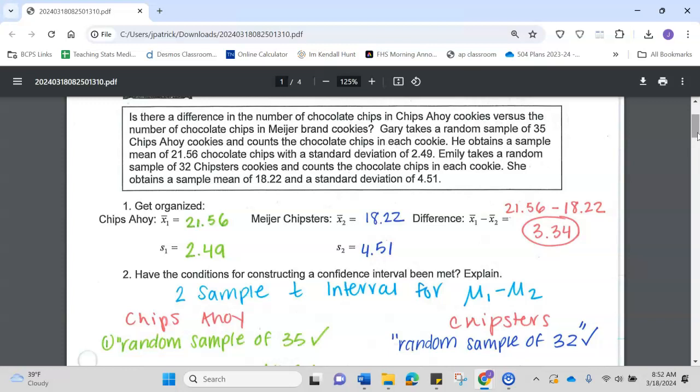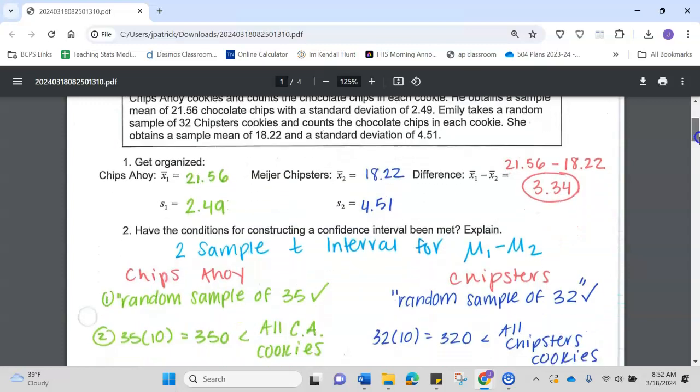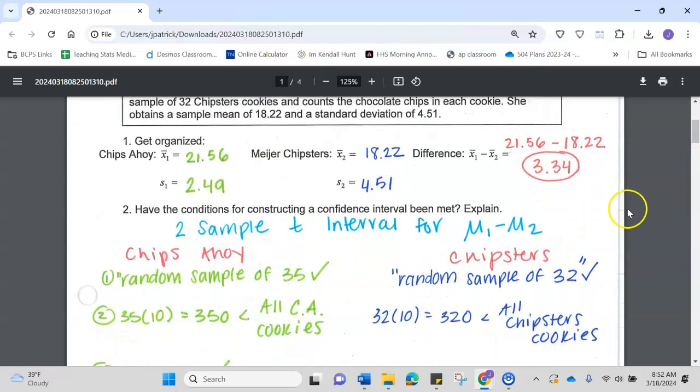We're looking at probably millions, billions of cookies that have ever been processed and made, or at least made right now. So we're definitely safe with the 10% condition. And then luckily, we didn't have to worry about looking at a sample graph because both of the samples were at least 30.